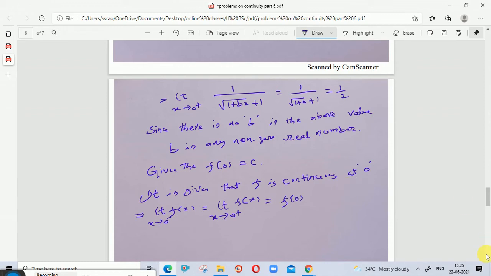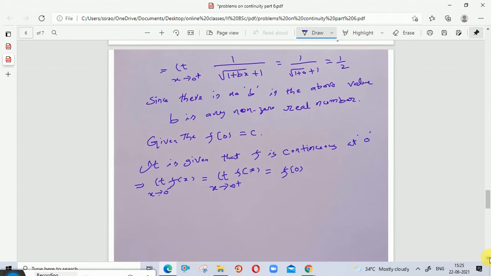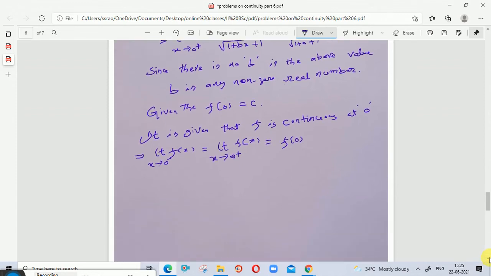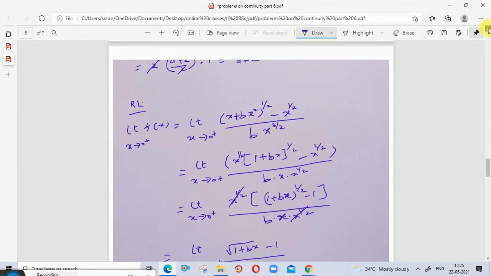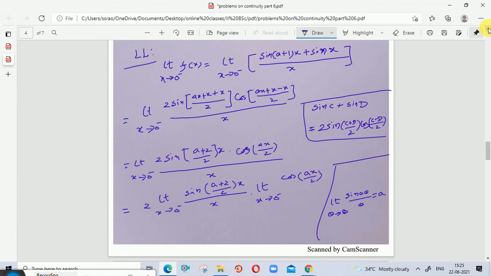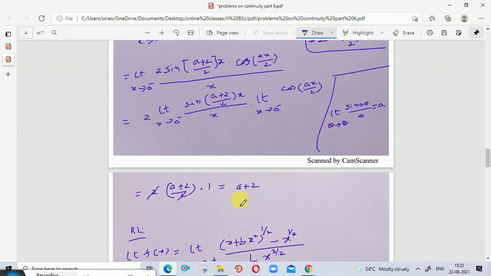Okay, that implies limit x tends to 0 minus f of x, what is the value? Limit x tends to 0 minus f of x is equal to a plus 2.